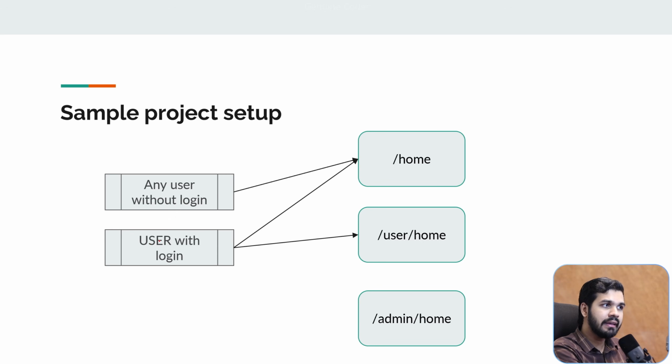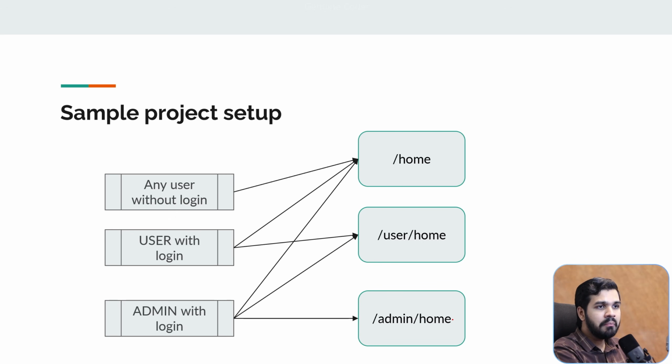So any user with a user role will have access to the user home. And the /admin/home is accessible for admin user only. So the admin can access the other two along with the admin home. Normal users can access the user home along with the /home, like that. So this is the basic authorization requirement for this project.